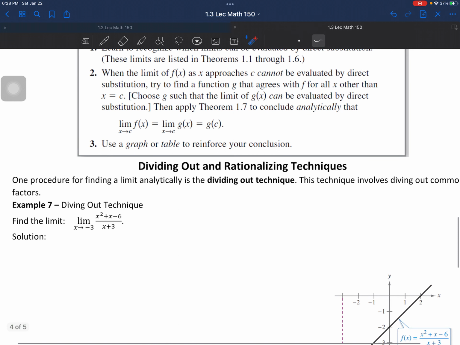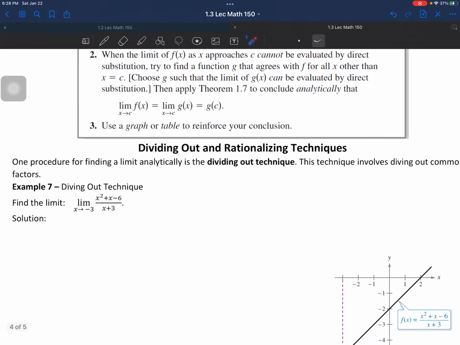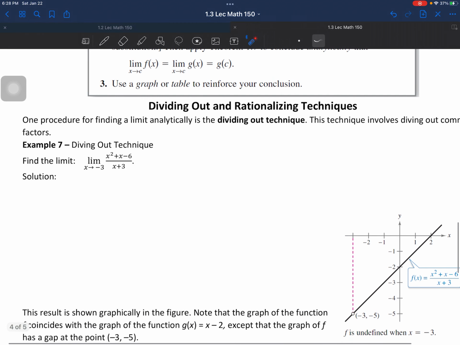Choose that g such that g of x can be evaluated by direct substitution, and then conclude by using direct substitution. If those do not work, then we go back to the least popular way, which is graphing or using a table. Again, those are the most basic ones. Those are guaranteed to always work, but it's too time consuming.